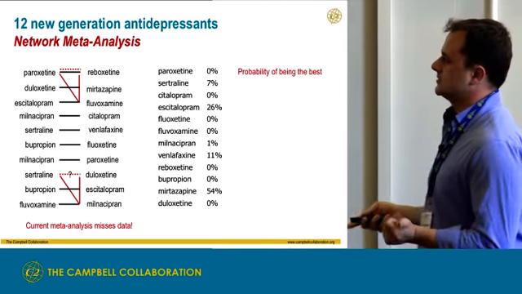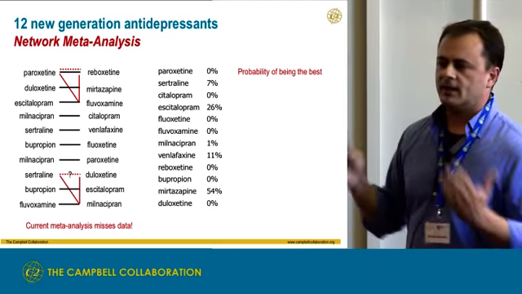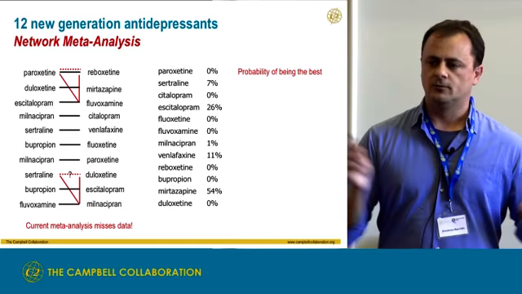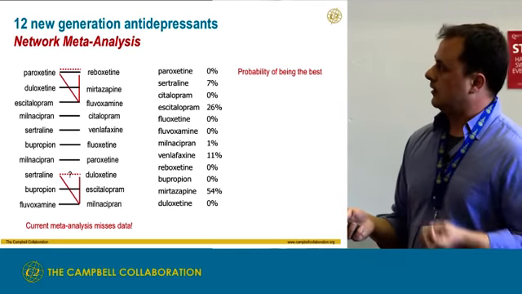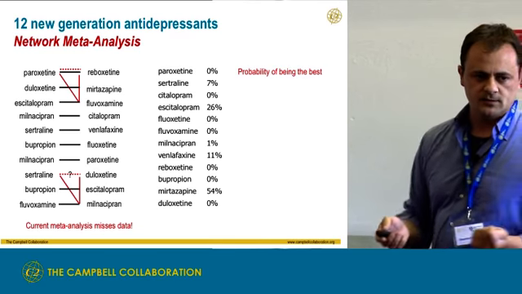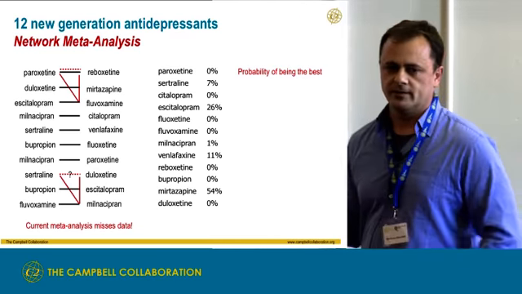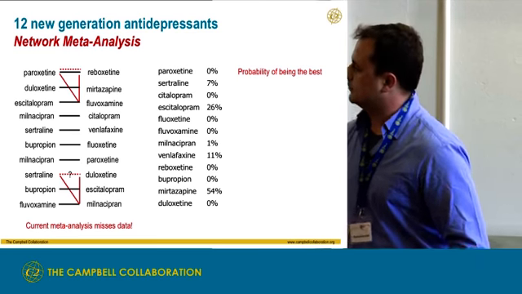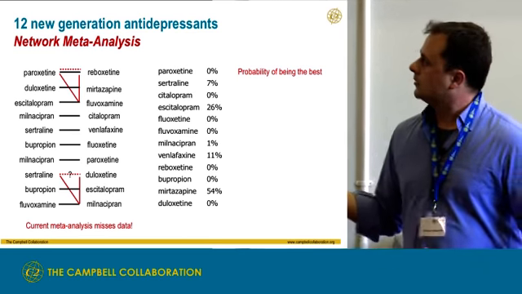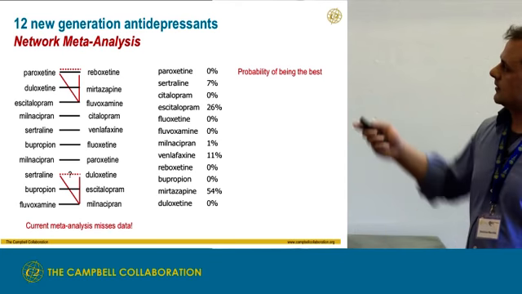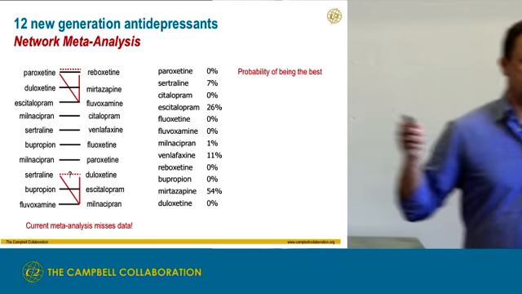So network meta-analysis allows me to analyze all treatments simultaneously, to use both direct and indirect evidence, to estimate the relative effectiveness between treatments that have never been compared, like sertraline and duloxetine.